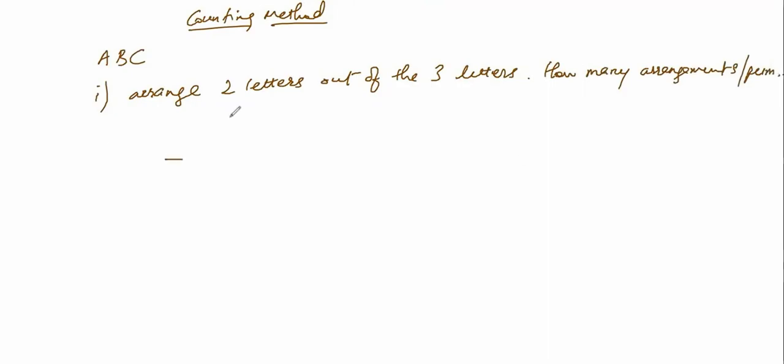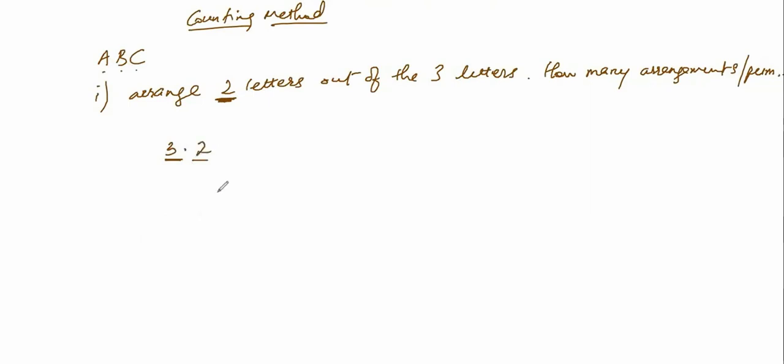In the dash method, we need to focus on how many arrangements you want to make, how many 2-letter arrangements. So if it's a 2-letter arrangement, you put 2 dashes, yeah? And then there are these 3 letters given to you. So the first dash can take any of the 3 letters, A, B, C. 1 letter takes the position of the dash, so there are only 2 letters remaining.